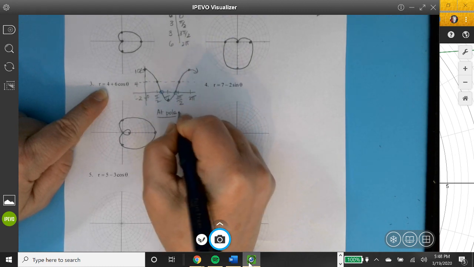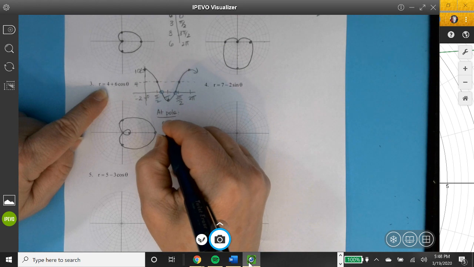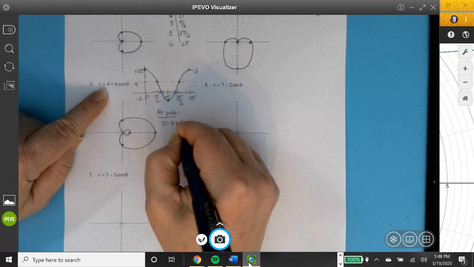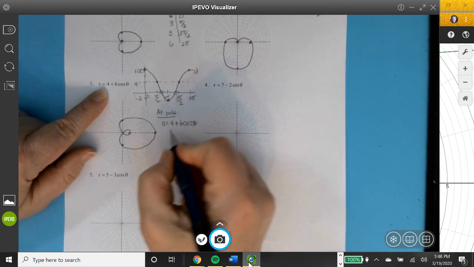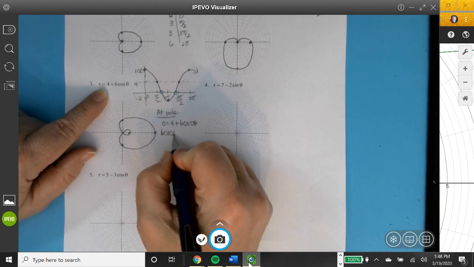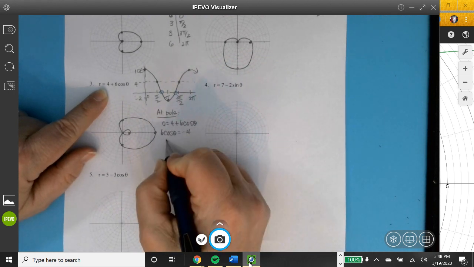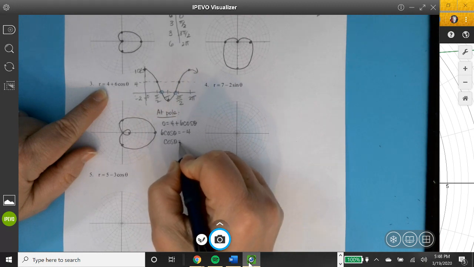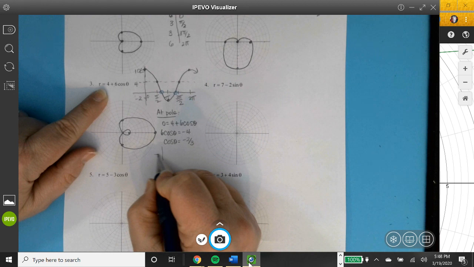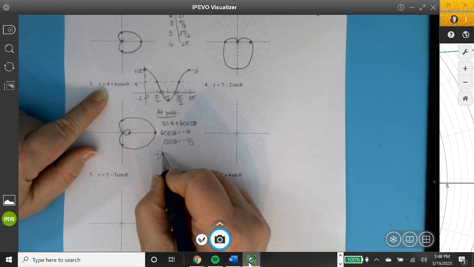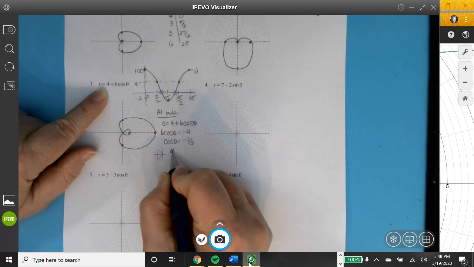So you're at the pole when you can say 0 equals 4 plus 6 cosine theta. Okay, so I'm going to say 6 cosine theta equals negative 4. Cosine theta equals negative 2/3. Cosine is negative in quadrants 2 and 3, and I need to find alpha.